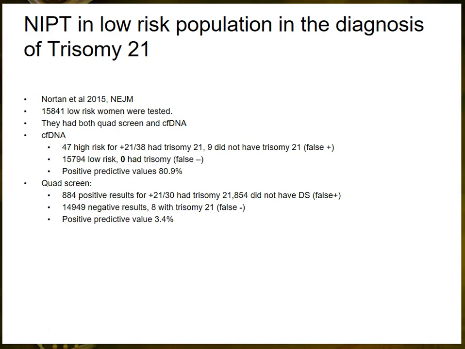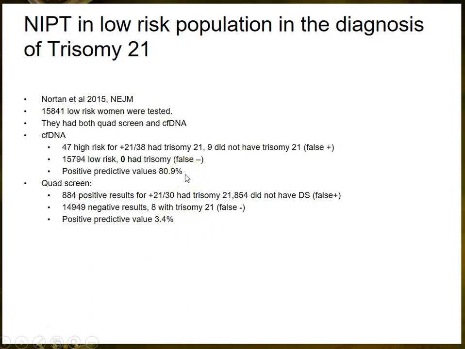In comparison to the quad screen, instead of 47 women being positive, we had 884, of which 30 actually had a baby with Down syndrome. Of the 14,949 negative results, 8 actually did have a Down syndrome baby. So the positive predictive value of the quad screen is 3.4%.